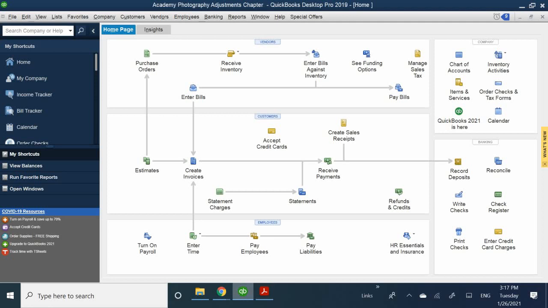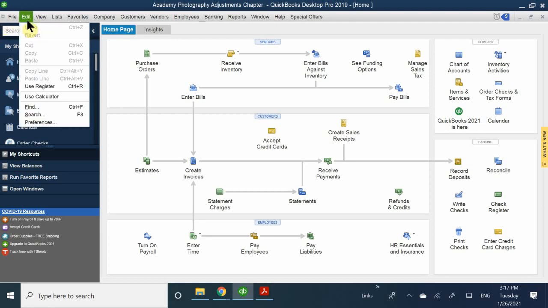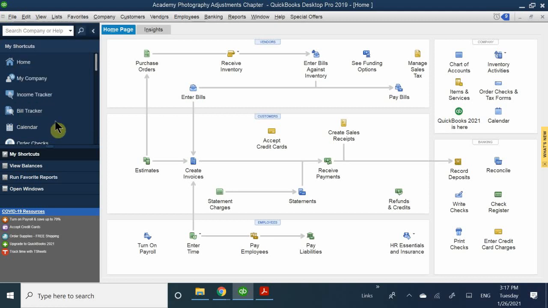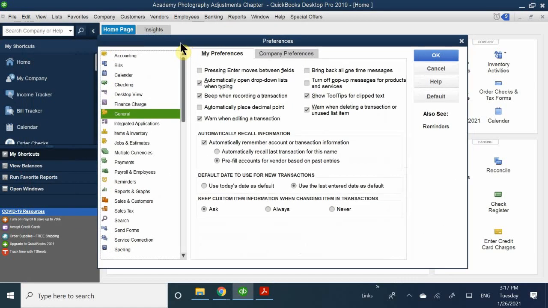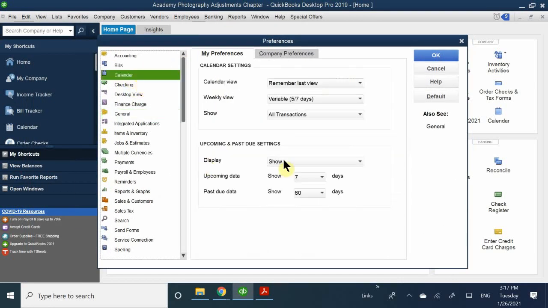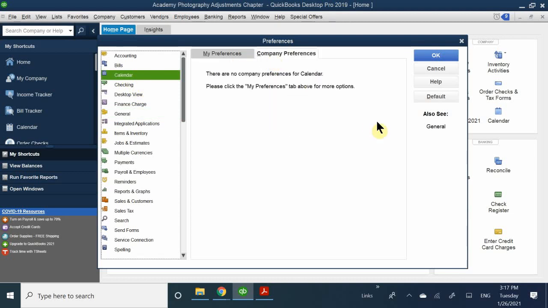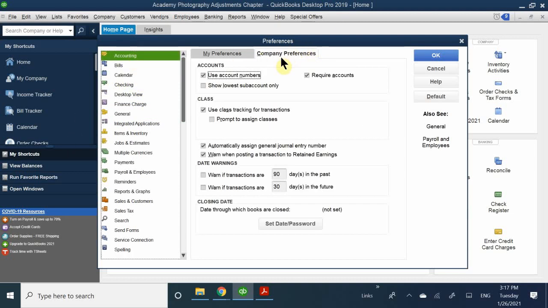So in order to do that, you're going to go to your Edit menu and go to Preferences. The first thing you're going to go to is your Accounting section. Then underneath, you're going to click Company File. Then at the very bottom, you have this little section that says Closing Date.